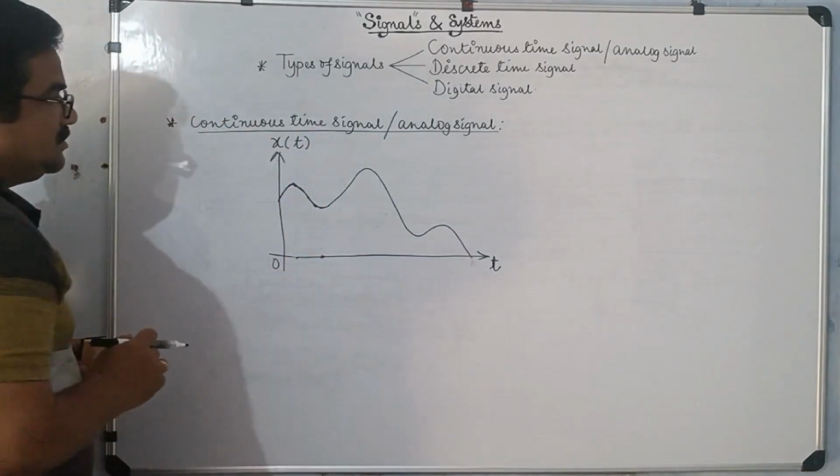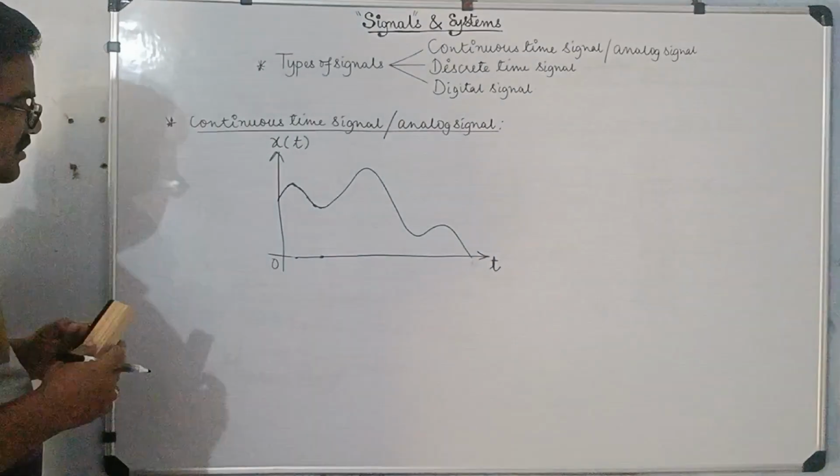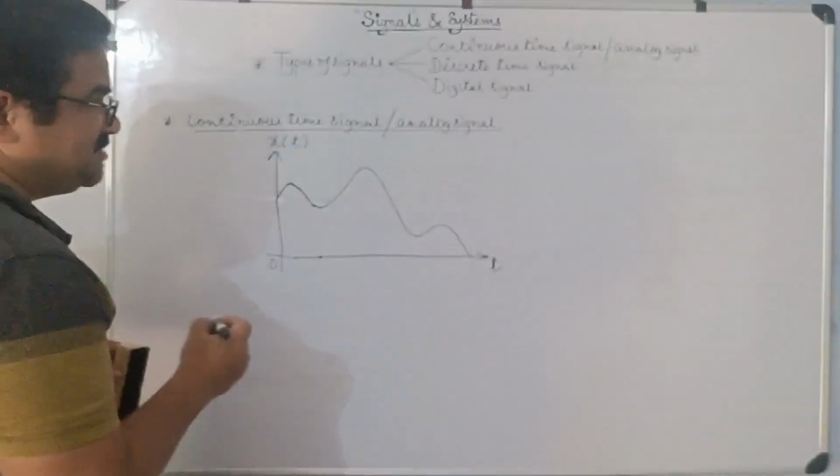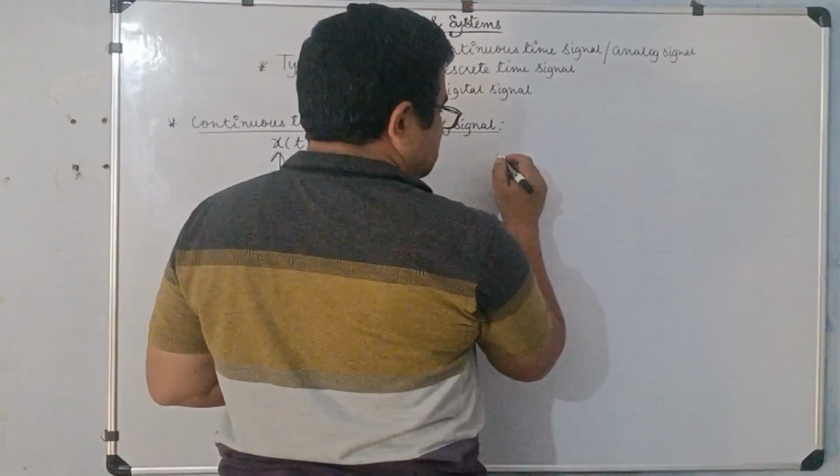Now, what is the definition? What is a continuous time signal?